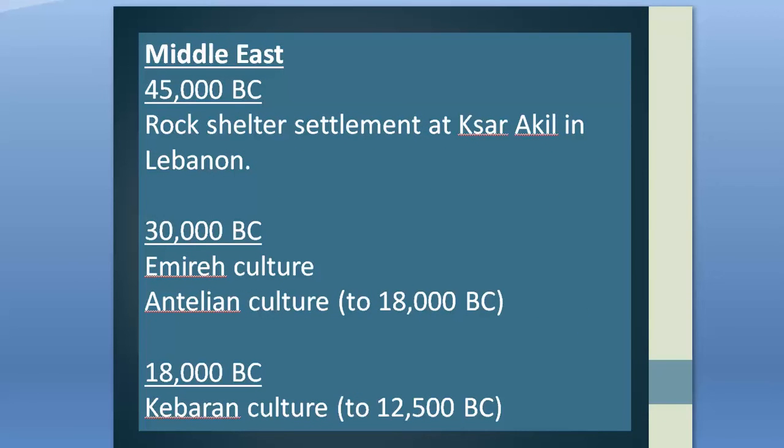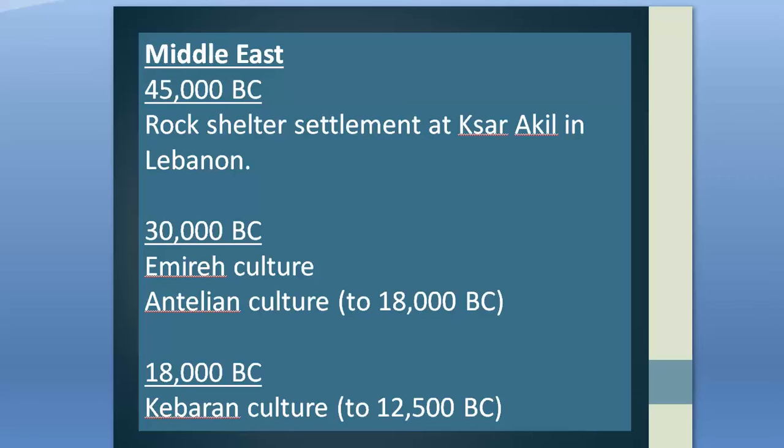In approximately 30,000 BC, this was superseded by the Emereh culture that kept most of the elements from the previous culture, with curved knives being used similar to early culture Western Europe. The Antelian culture, 30,000 to 18,000 BC, evolved from the Emereh culture, innovating some elements of Aurignacian culture such as burins and narrow blade points.